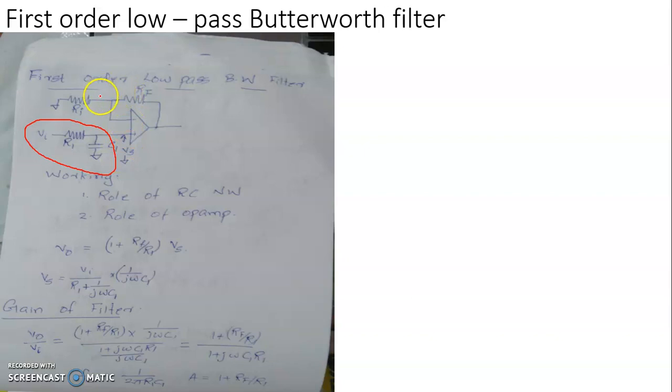The active component is of course the op-amp non-inverting amplifier, so that the signal that is to be filtered is injected to the non-inverting terminal of the op-amp, and resistances Ri and Rf are given to the inverting terminal so as to fix the gain of the amplifier or the active component.